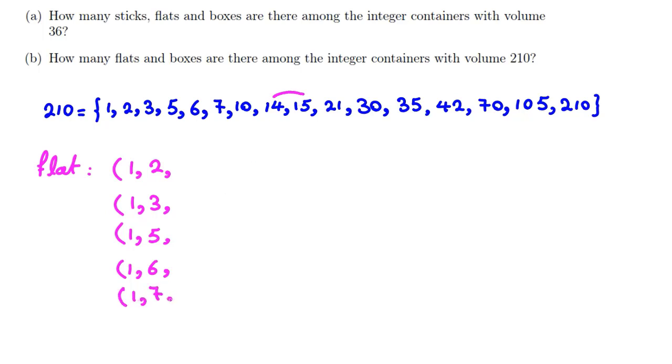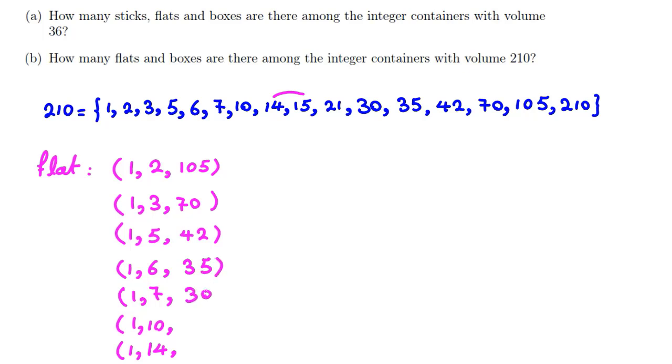So 1 6, 1 7, 1 10, 1 14. Okay, and the next will be obvious. 2 times 105, 3 times 70. From here, we go backward: 5 times 42, 35, 30, 21, and 15. Okay? So 1, 2, 3, 4, 5, 6, 7.